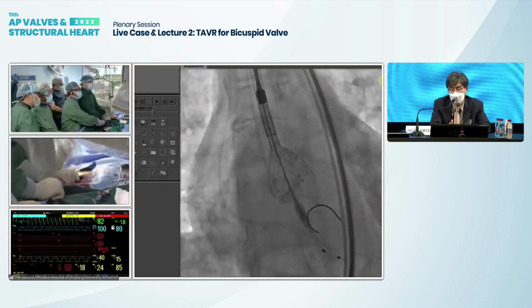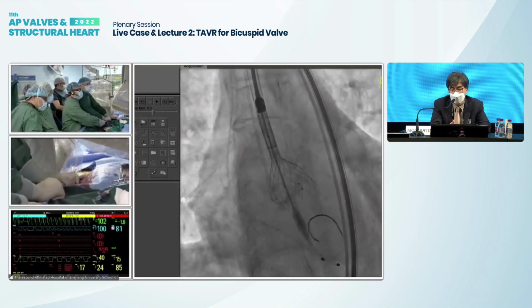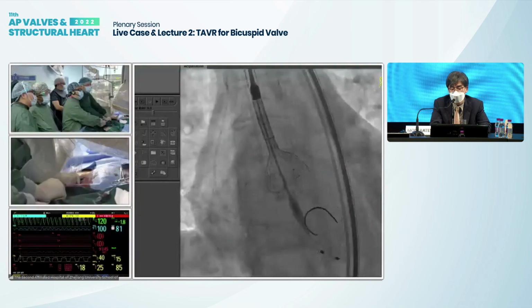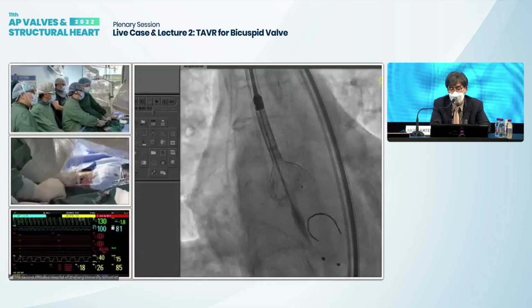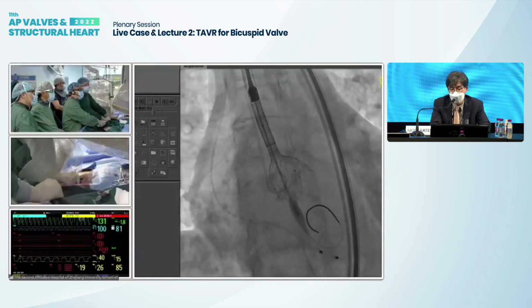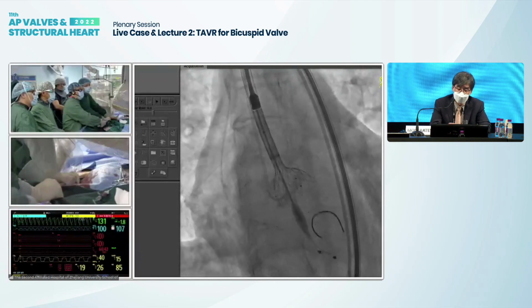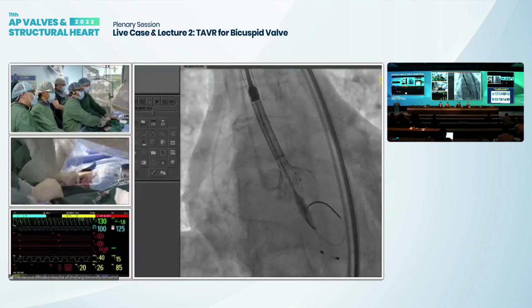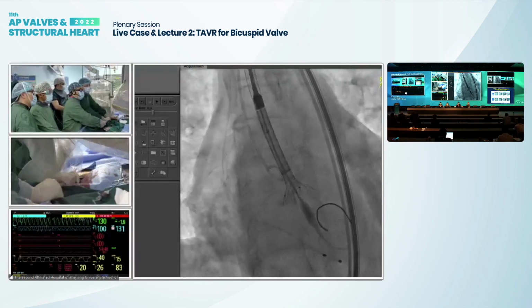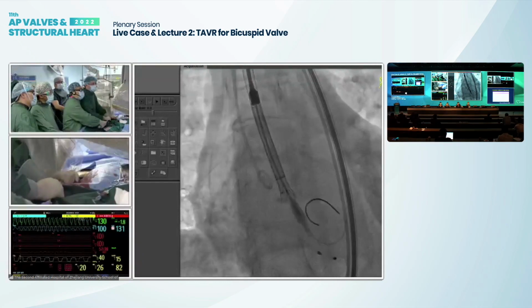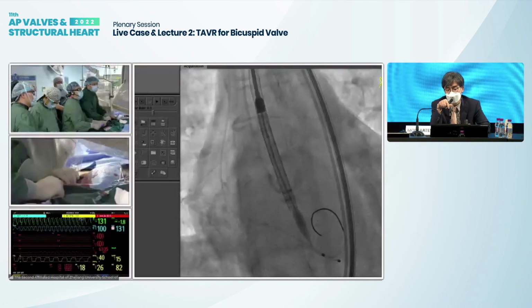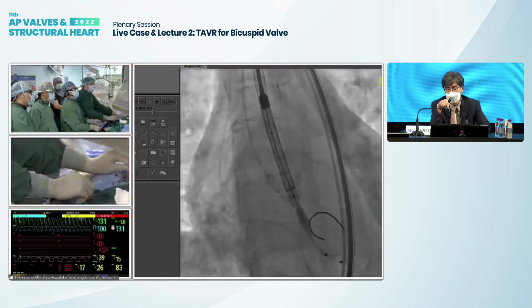We think we have to consider that, so pay too much attention to higher implantation. Anyhow, this case is a really tough and high risk TAVR procedure.